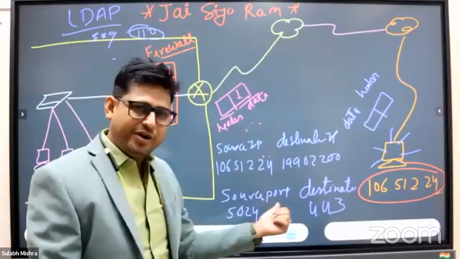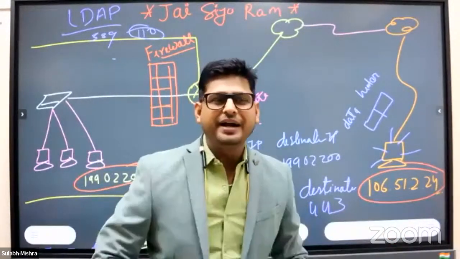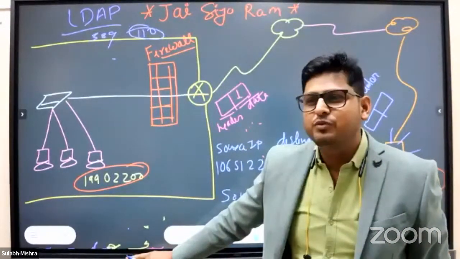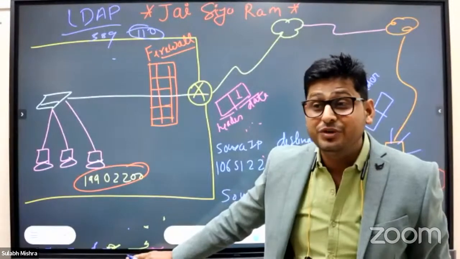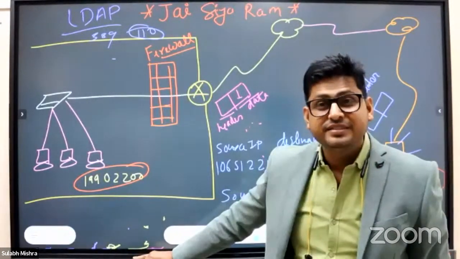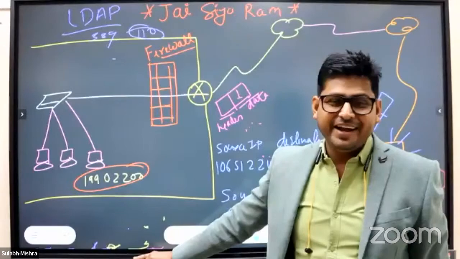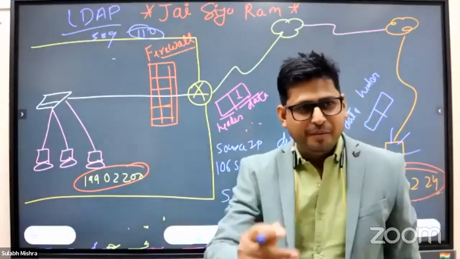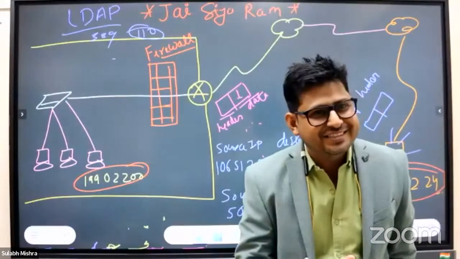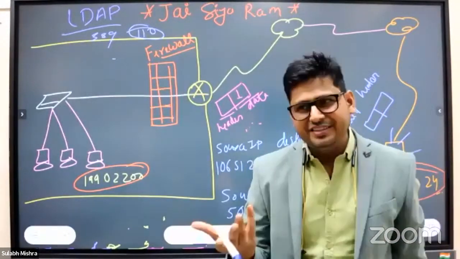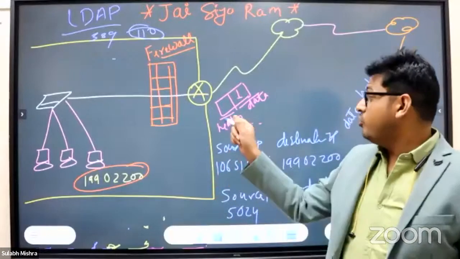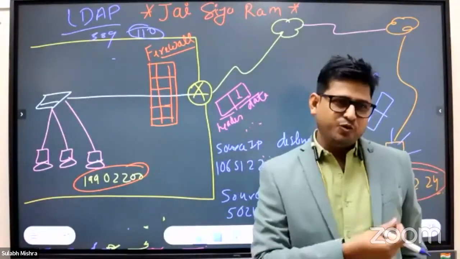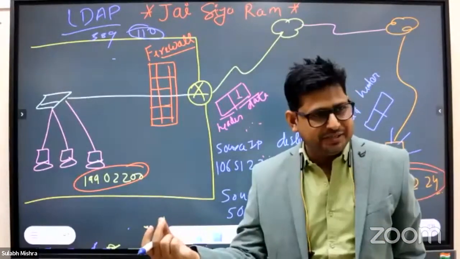The header has the port numbers also, source port, destination port, and protocol. But port and protocol come under which layer? Transport layer, layer 4, right? But your router is which layer device? Layer 3, IP address. So it will open the header part, but only be able to read the source IP and destination IP.